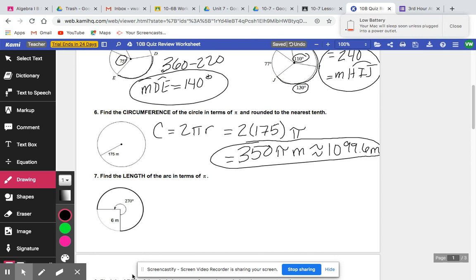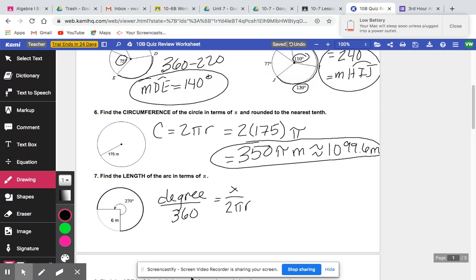Last one for the video, number 7. Find the length of the arc in terms of pi. Remember, this is one where we need to use a proportion. So we put the degree over 360 equals the arc length over the circumference, 2 pi r.